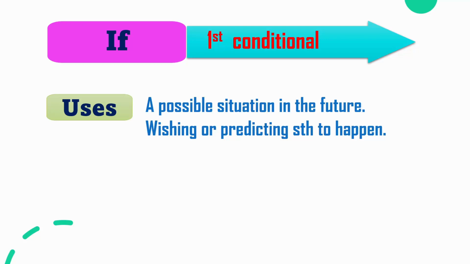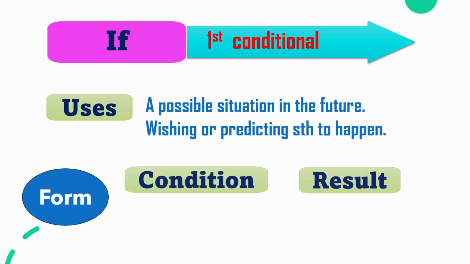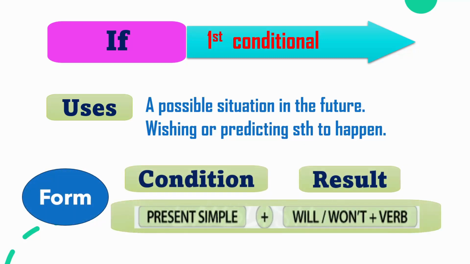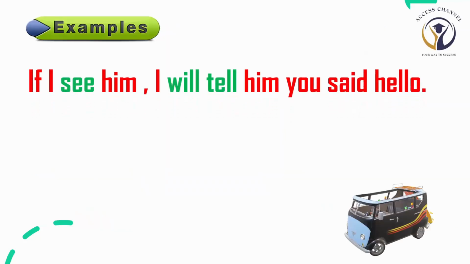First we need to know the form of this conditional. In the conditional clause, present simple. And in the result clause, will, or won't in the negative, plus the verb in the infinitive. Let me show you examples.